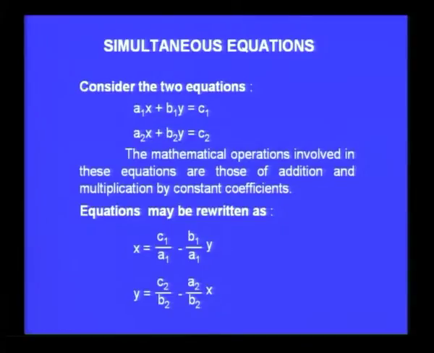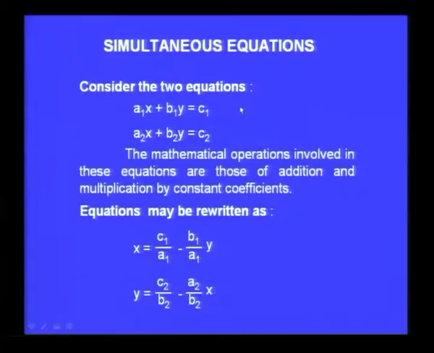What do you mean by solving these 2 equations simultaneously? It means I must obtain a value of x and y which will satisfy both these equations. That is what I mean by solving the simultaneous equations. That means whatever values I assign to x and y will be satisfied by both these equations, where a1, b1, c1, a2, b2, c2 are coefficients, the constants, numbers.